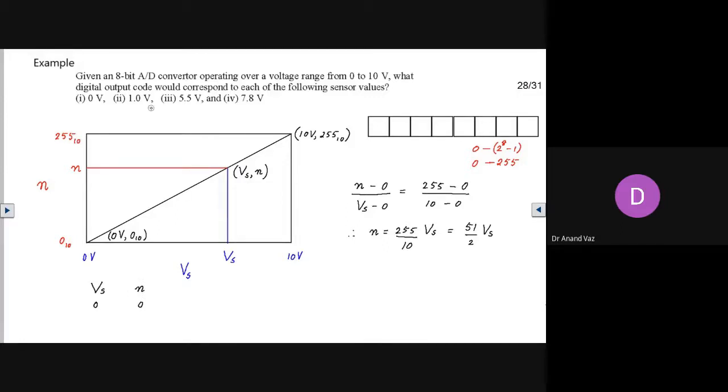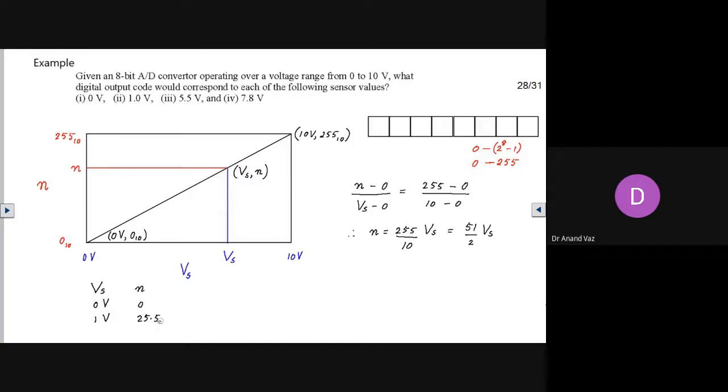When Vs is equal to 1 volt, what will be n? 51 divided by 2. So this will be 25.5. Okay.